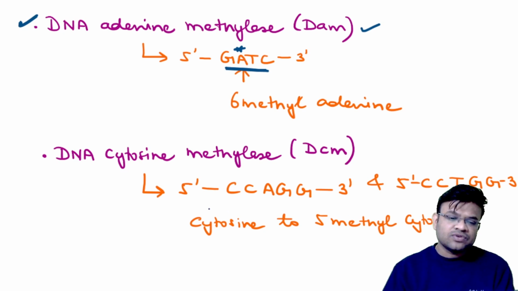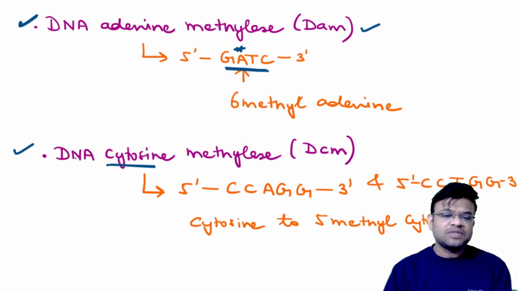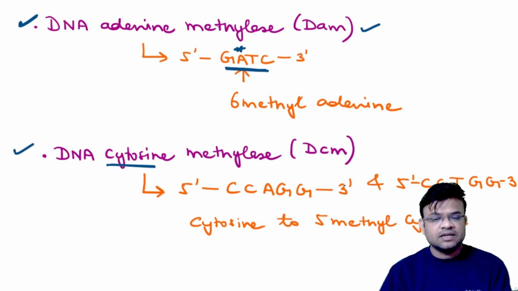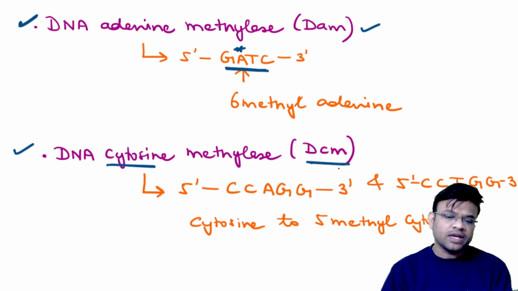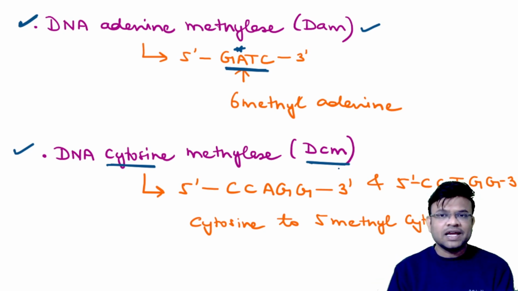Similarly, cytosine also gets methylated. Now it will get methylated by a different enzyme. The name of the enzyme is DNA cytosine methylase, DCM. Now where will it add the methyl group? Obviously on cytosine. But what is the sequence?